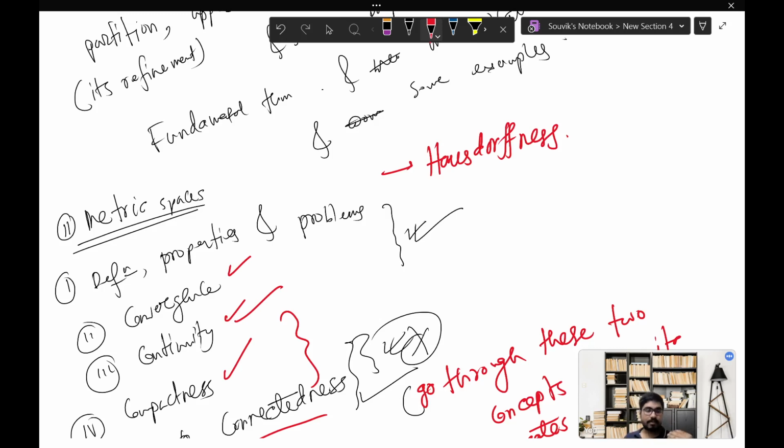There are also some concepts like equivalent metrics that we have learned, which I just forgot to mention.